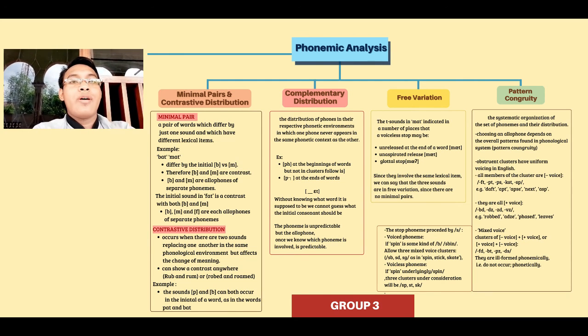And then the second one is voiceless phoneme. If spin is underlyingly spin, the cluster under consideration will be SP, spin, ST, stick, SK, skate, and those are no longer counterexamples to the cluster voicing agreement statement.